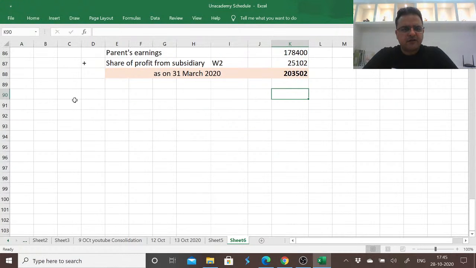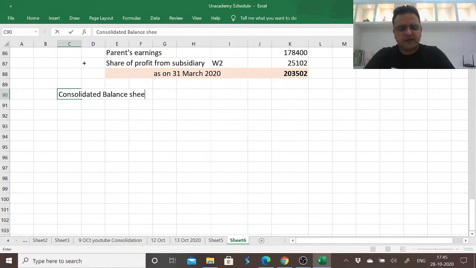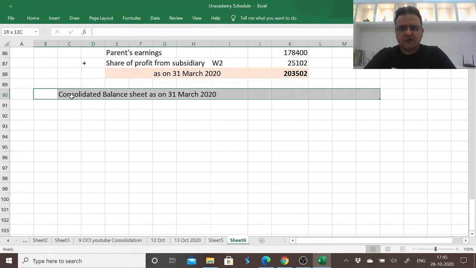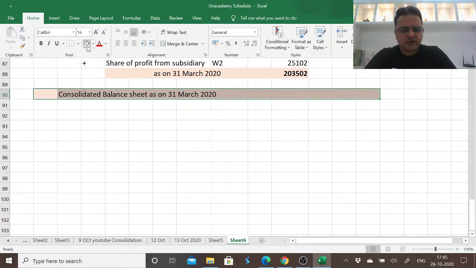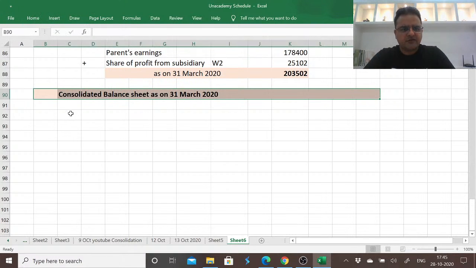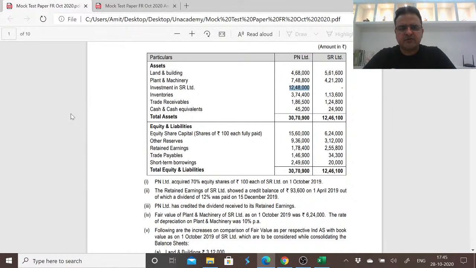So now finally we can present the consolidated balance sheet as on 31st March 2020. We'll present it with the same headings and subtotals which we used.